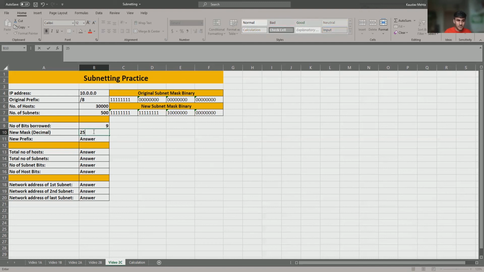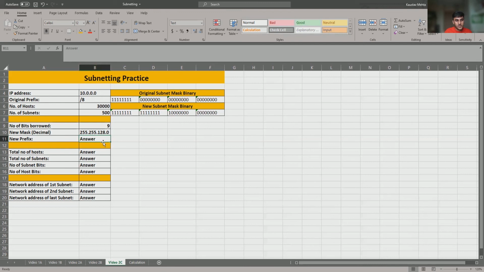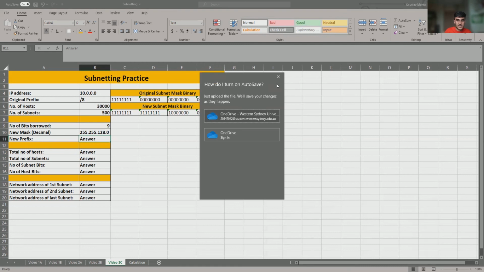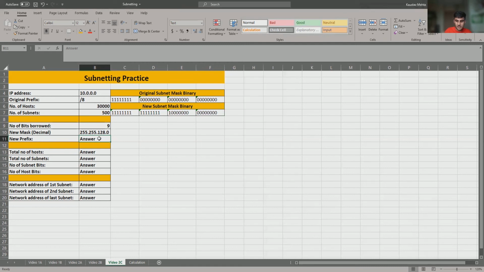The new mask would be 255.255.128.0. The new prefix would be 9 plus 8, so /17. Now, total number of hosts.